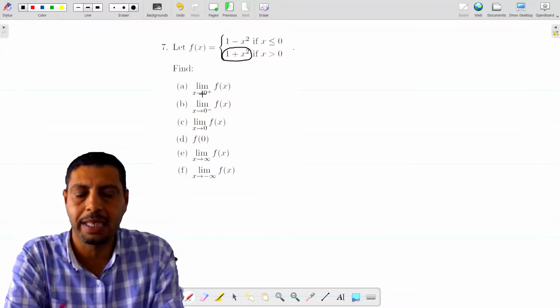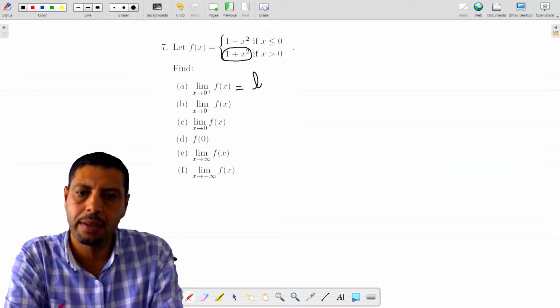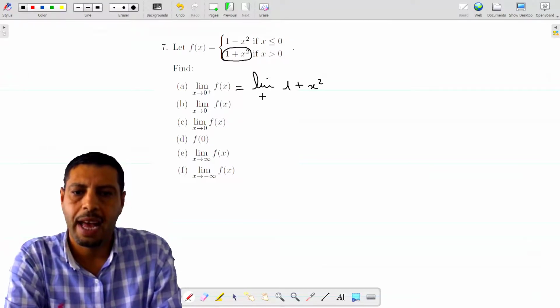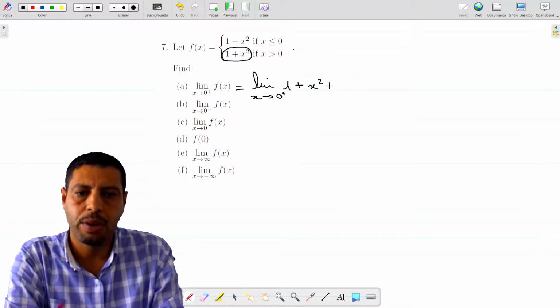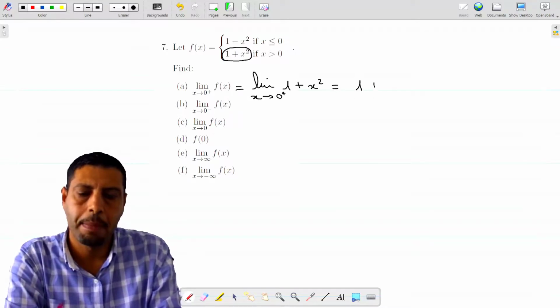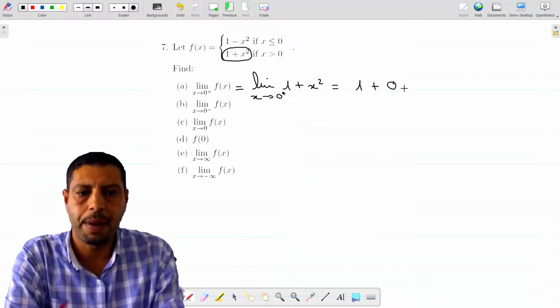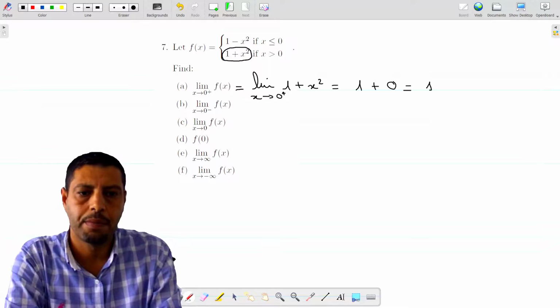We said at 0 plus x is greater than 0, so we have to consider this expression, and it gives the limit of 1 plus x squared as x approaches 0 plus. So it's equal to 1 plus 0 plus squared, or 0, and 1 plus 0 is 1.